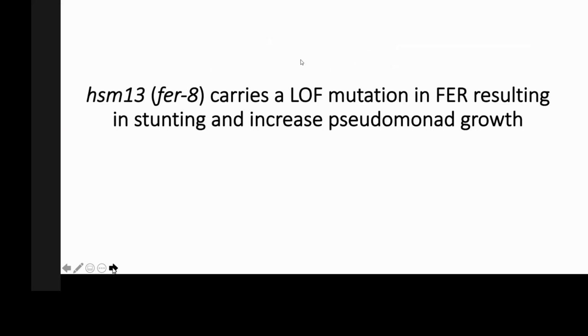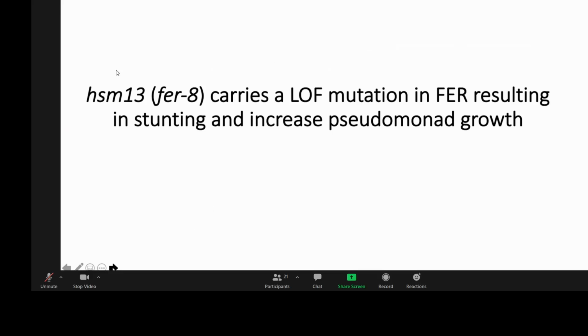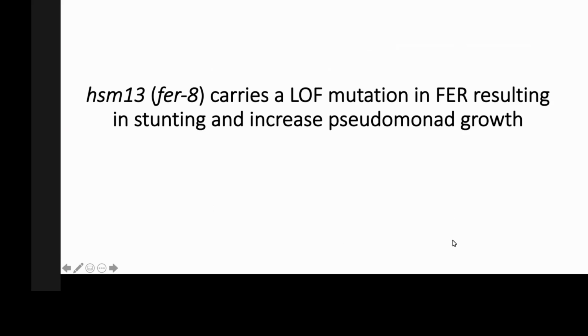All right, so from those data so far, they conclude that HSM13, hereafter referred to as FAIR8, carries a loss of function mutation in FAIR, resulting in stunting and increase in Pseudomonas growth. So for the rest of the paper, I'll refer to this as FAIR8.